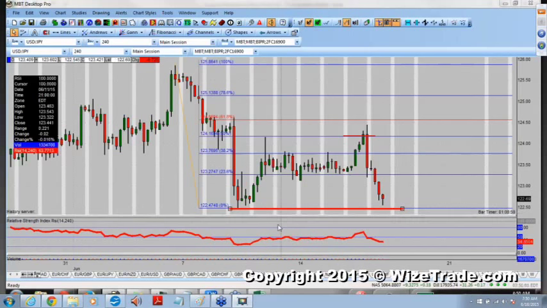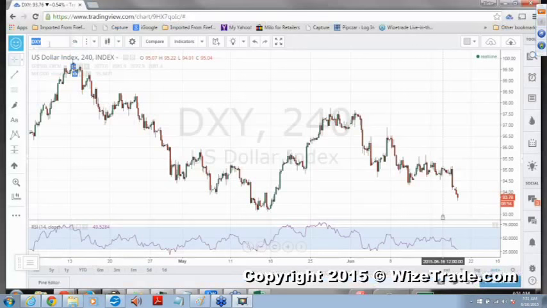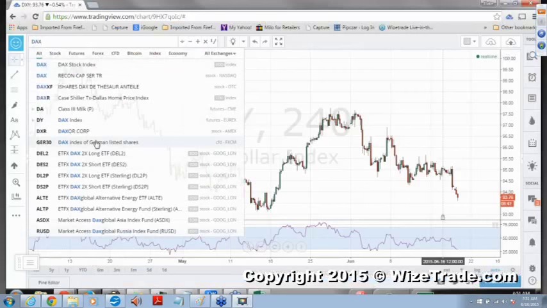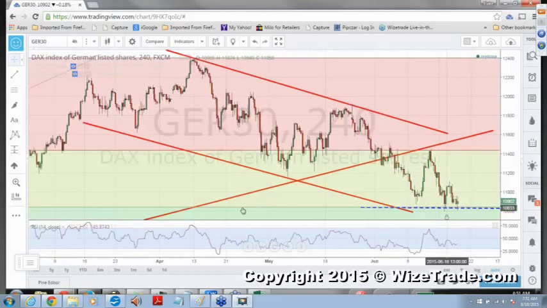Now, there's a chart that I'm watching pretty carefully that I'm going to show you right here. So I'm watching the DAX really carefully because the DAX, although the U.S. equity markets have been choppy and holding up.